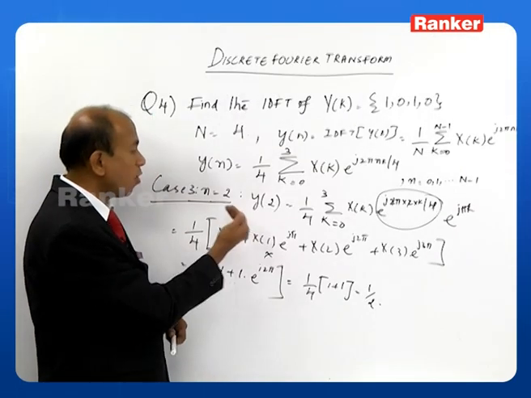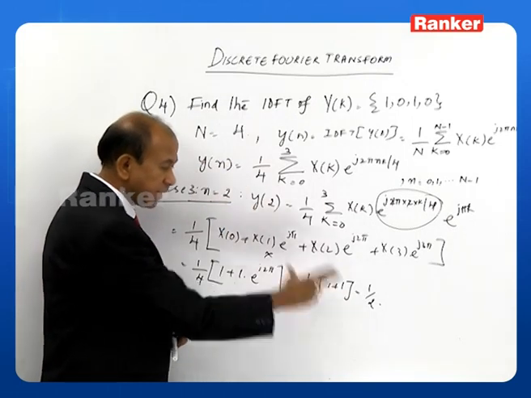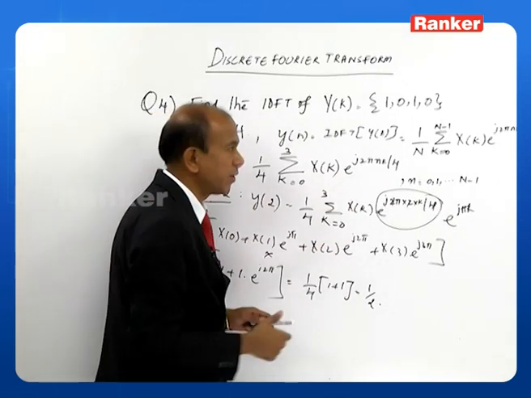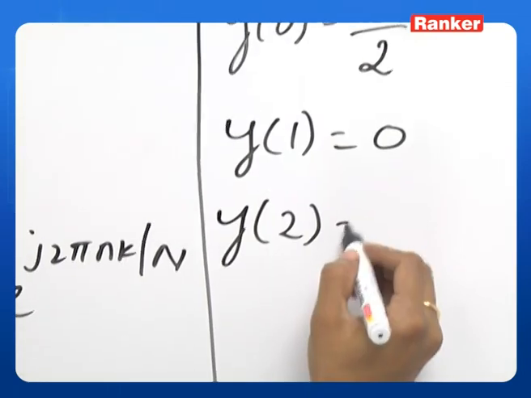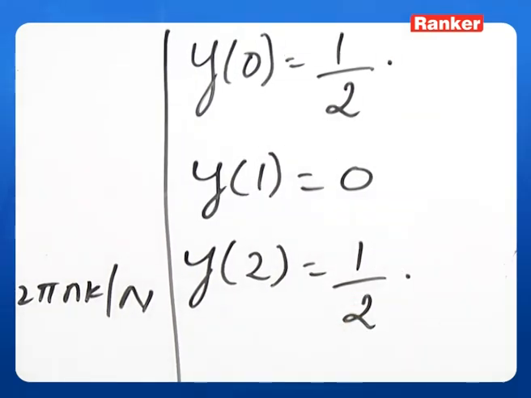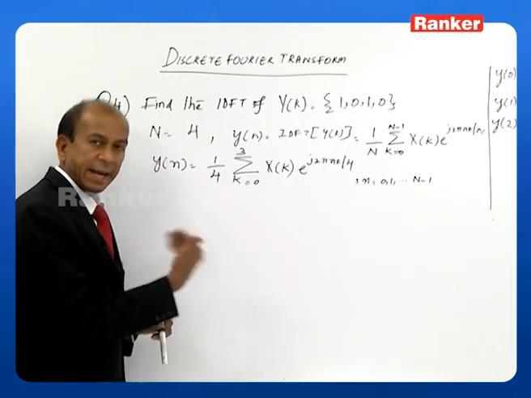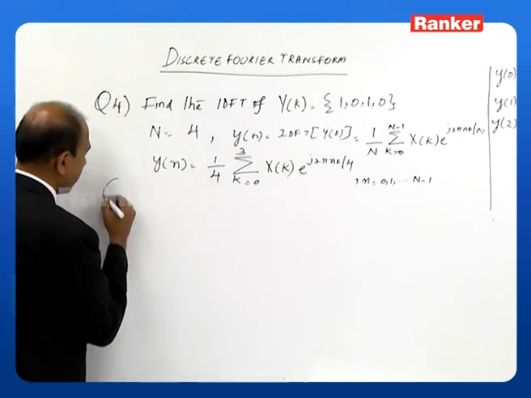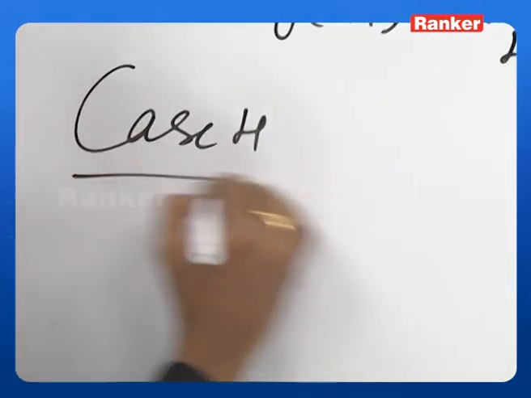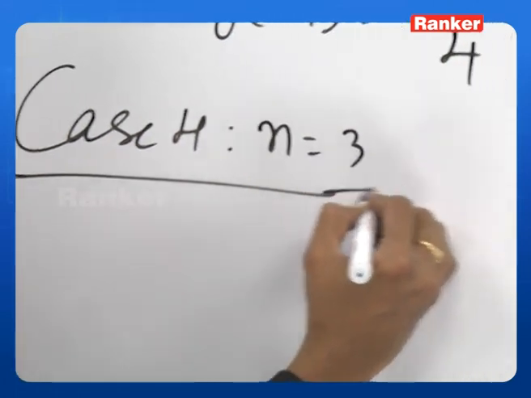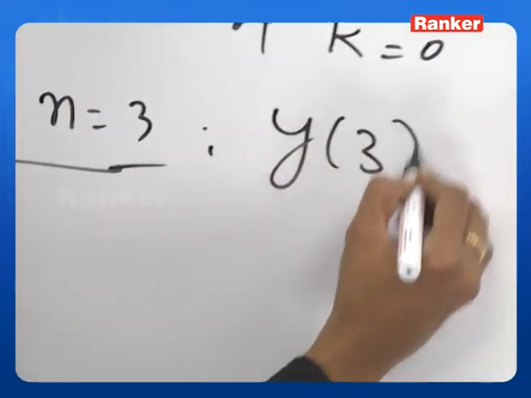Now what is the value of y of 2? Y of 2 for us is half. Okay, so let's go there. Y of 2 is equal to half for us now. Let us see the next case, that is case 4. What is case 4? Case 4, n is equal to 3, that is I am going to calculate what is y of 3.